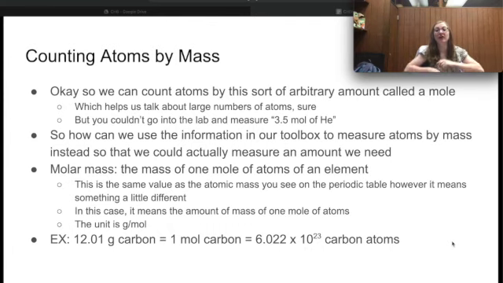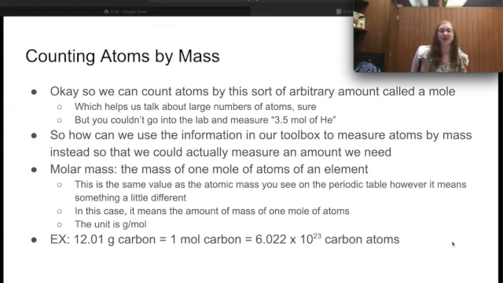However, if I want to think about a bunch of chlorine atoms on the large scale, I could say that 1 mole of chlorine atoms weighs 35.45 grams. So it's a relationship of an amount of mass to 1 mole of that kind of atom. So the unit is grams per mole.